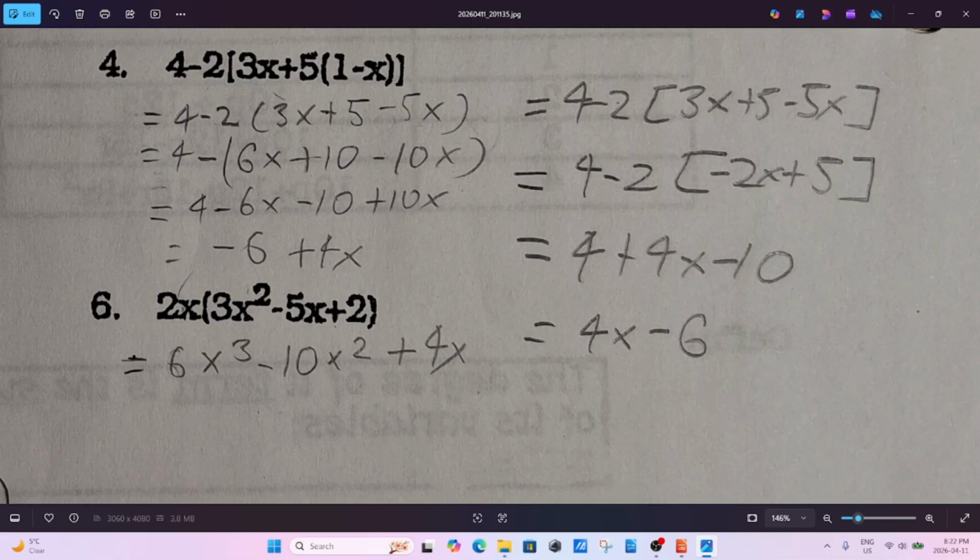And then you have the 2. You're going to multiply everything in the bracket by 2. So 4 minus 6x plus 10 minus 10x equals 4 minus 6x minus 10 plus 10x. So you have 4 and a minus 10 gives you minus 6. You have a 10x minus 6x, which gives you 4x.